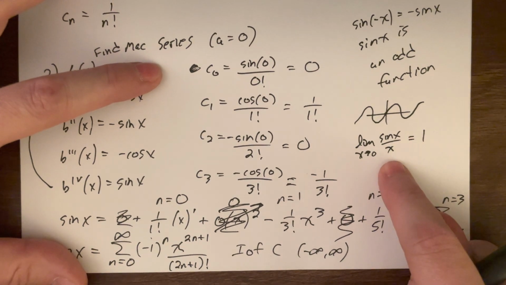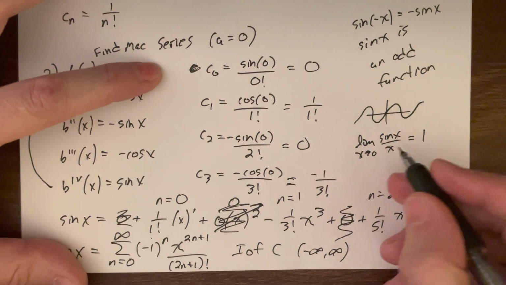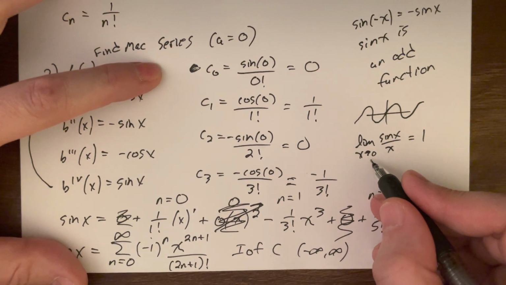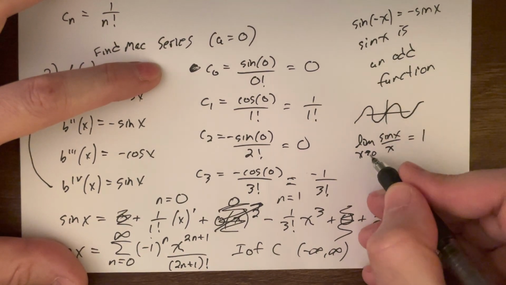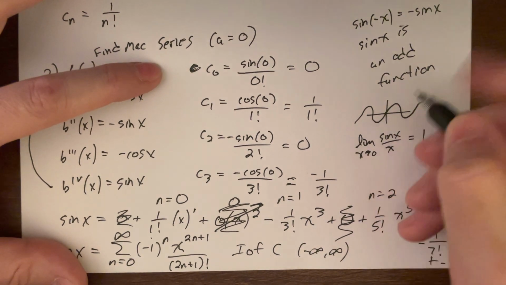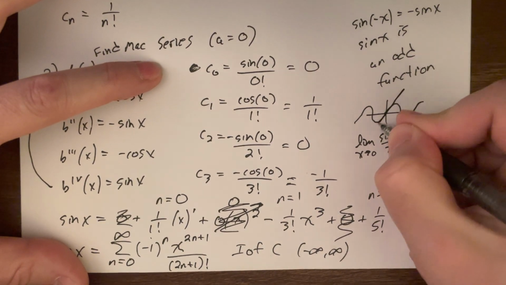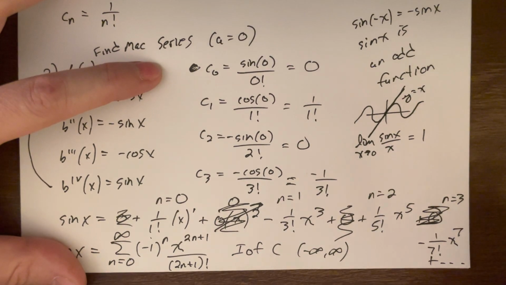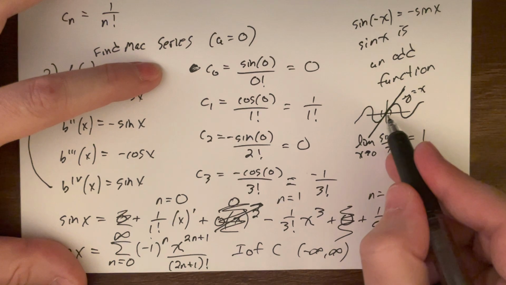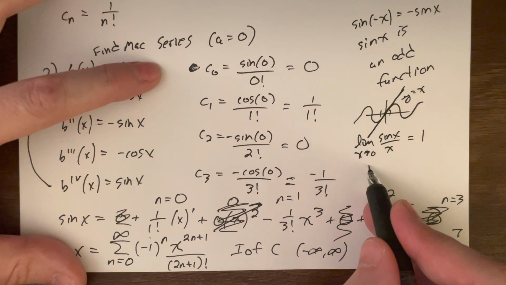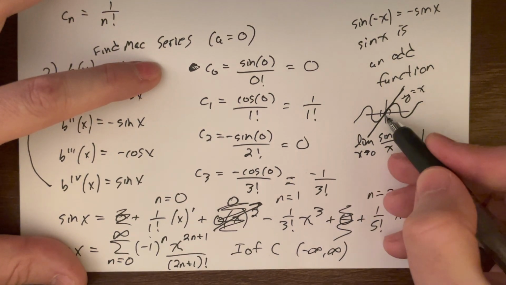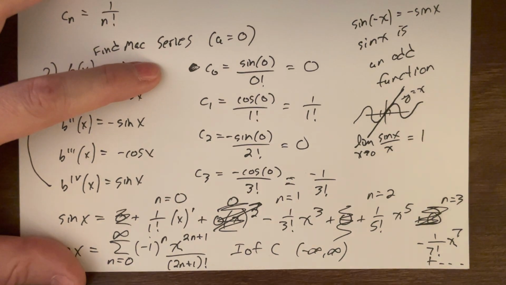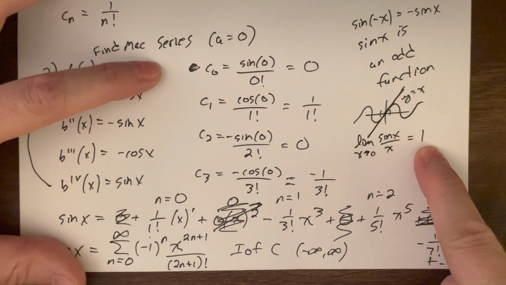But in Calc 1, this was where we needed our units to always be radians with trig functions, because if you're only approaching 0, this piece of the graph right here would basically be identical to the y equals x curve. So as long as you're only in close proximity of 0, which is exactly what you mean when you take the limit, the sine curve and the y equals x curve are essentially the same, so they would cancel and you would get 1.